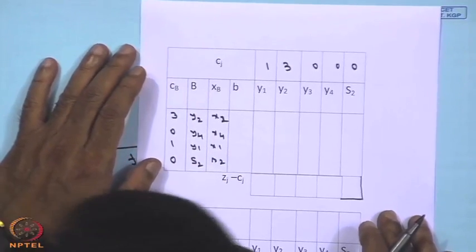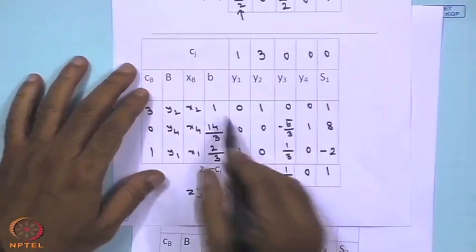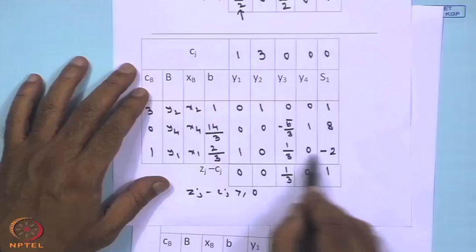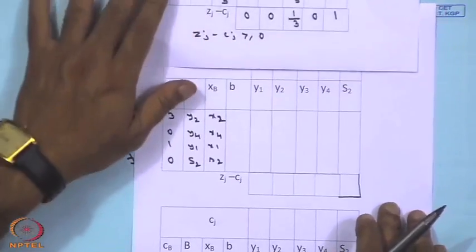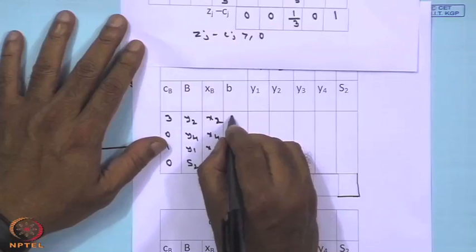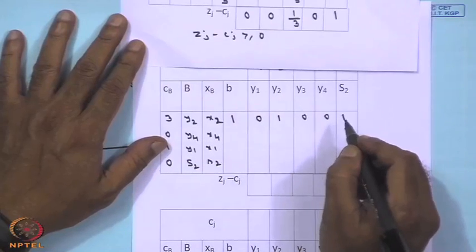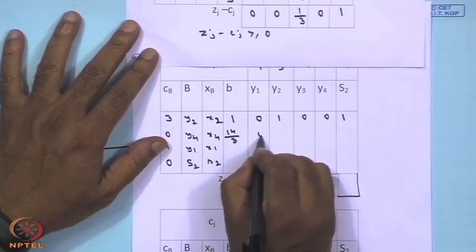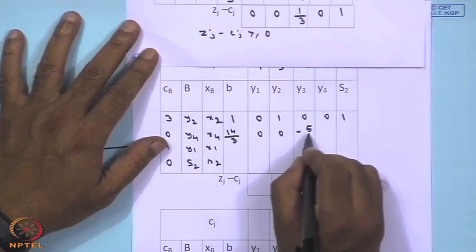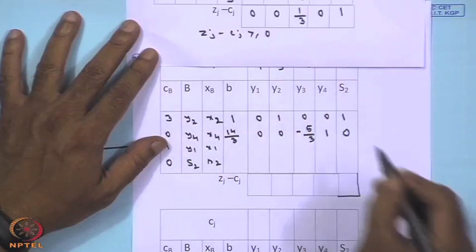So, your B values, as I have told you, please note, for the first table these 3 rows will remain as it is. There will be no change. So, I am writing the 3 rows as it is, that is 1 0 1 0 0 1 and then 14 by 3 0 0 minus 5 by 3 1 and S2 is 0.